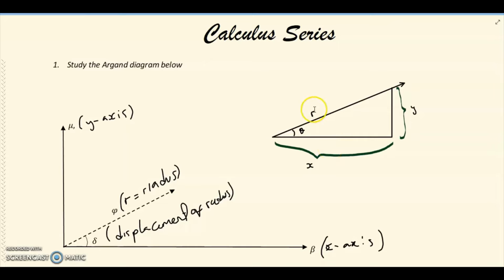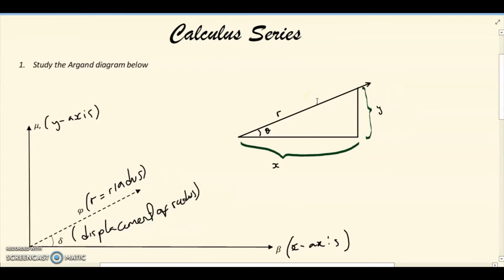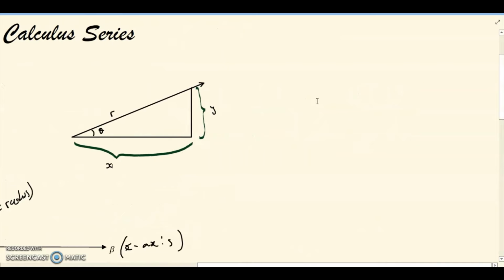So now these four variables are what you're going to be dealing with whenever you're converting from rectangular to polar or polar to rectangular. So we need to create a relationship between them, and this relationship revolves around the trigonometric ratios that we know.